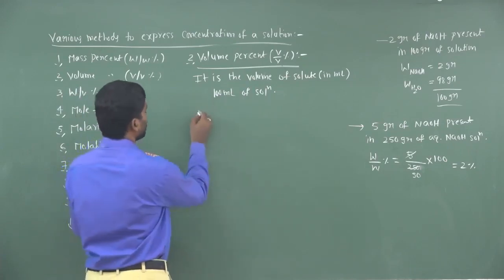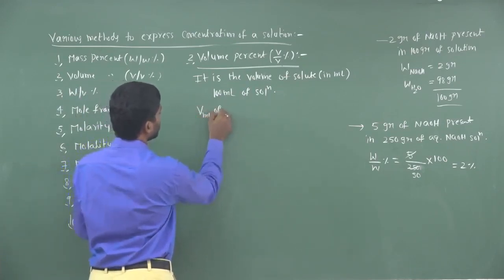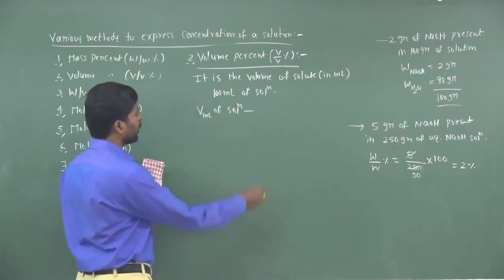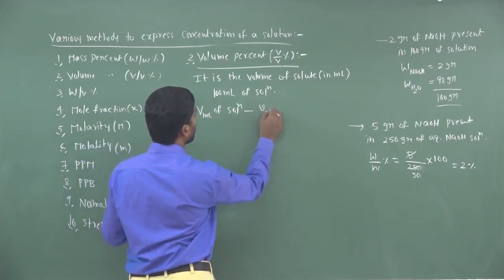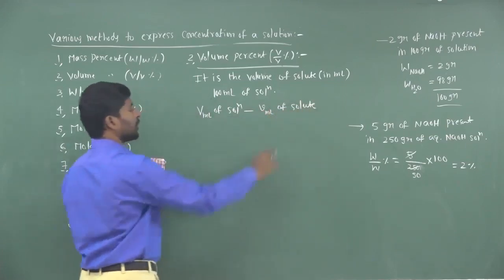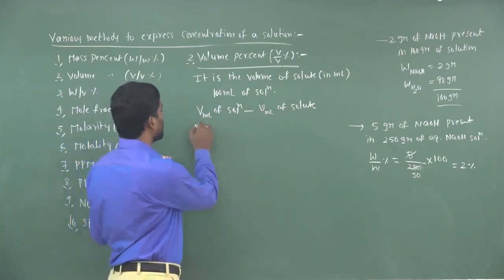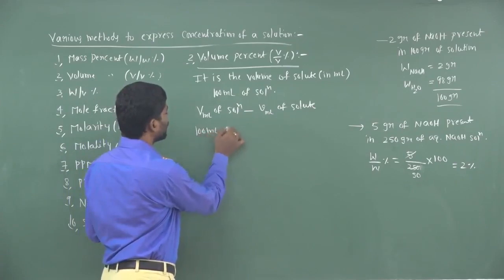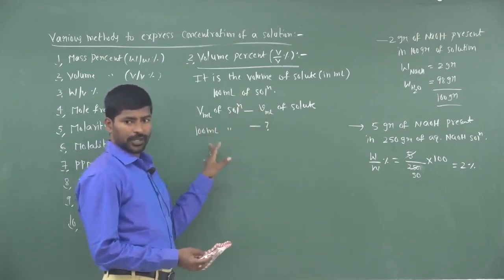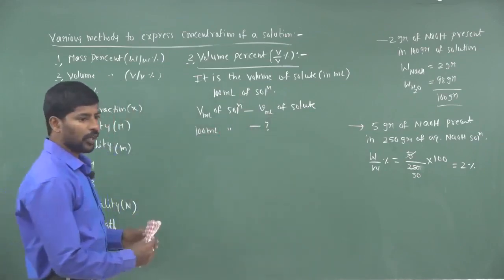For example, in capital V ml of solution, let us consider small v ml of solute present. Then we have to calculate for how many ml of solution? 100 ml of solution. So in 100 ml of solution, what is the volume of solute present? That is called volume percent.